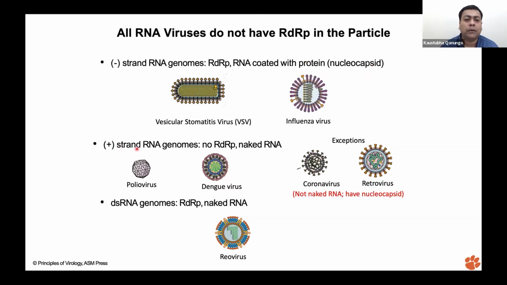On the other hand, the plus-strand RNA genome has no RNA-dependent RNA polymerase in the particle, and they have a naked RNA. They are not coated with any kind of protein, because their RNAs are mRNA.